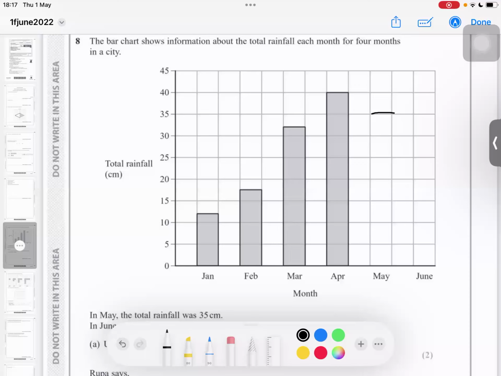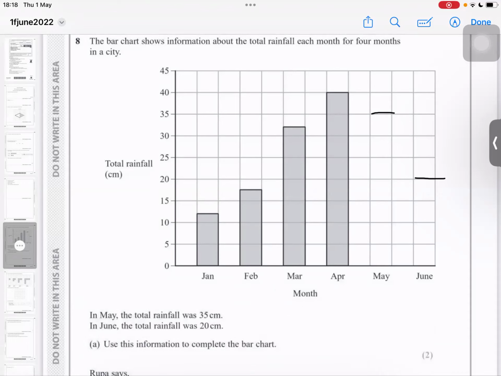May is 35, yes, that's for May. Then let's see for June. I think that pencil is blocking it. It was 20. Okay, 20. Yes, perfect. Okay, let's move on.